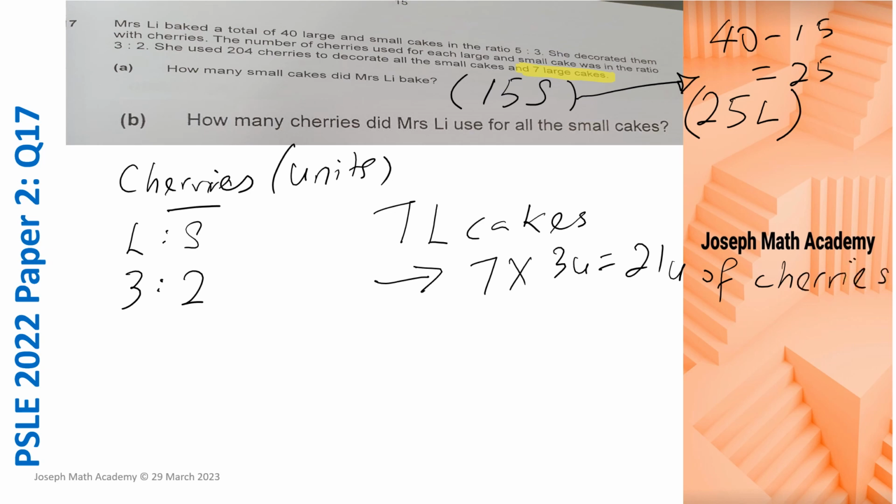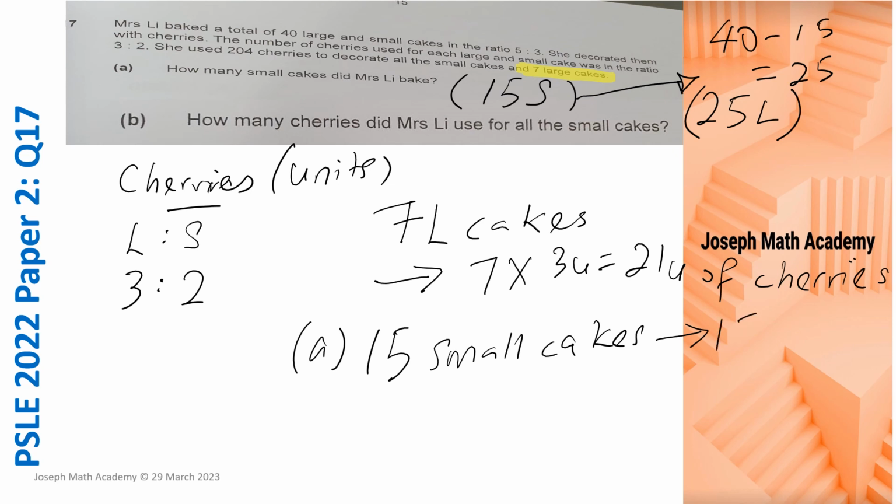Okay, all right. Now, we also know that Mrs. Lee already baked 15 small cakes. Right, this information comes from part A. So from part A, we know that Mrs. Lee baked 15 small cakes, and 15 small cakes should have how many units of cherries?